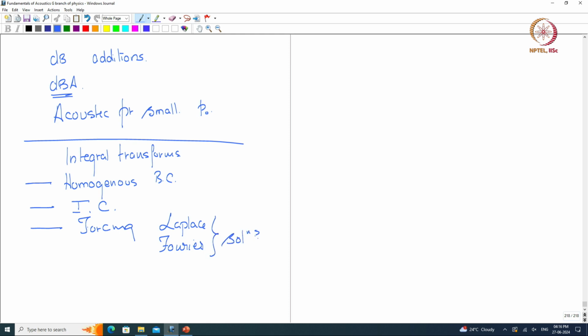Then following this, we looked at some applied situations, or what we call lumped acoustics, lumped parameter acoustics. The behavior of acoustic systems at low frequencies.